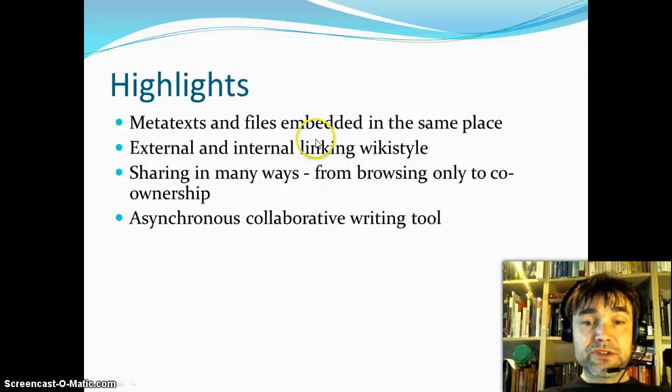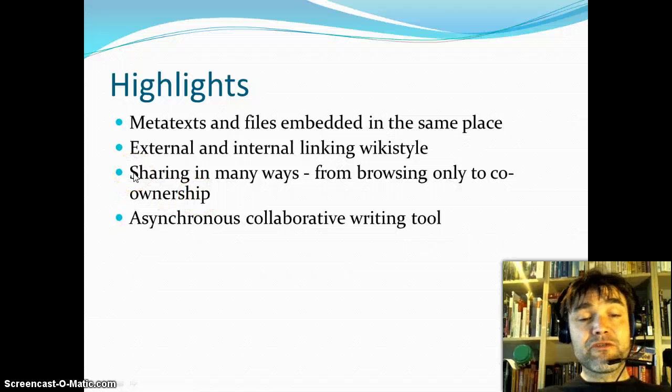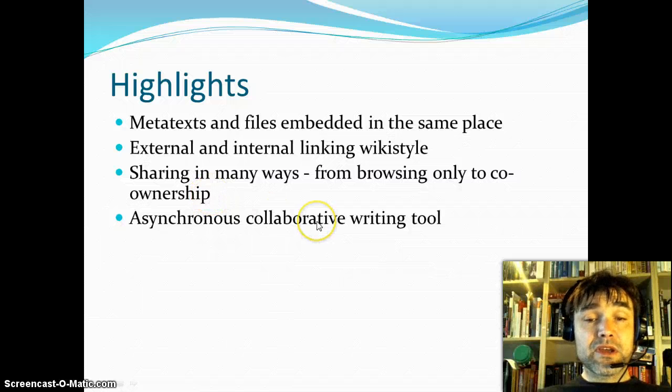It's an asynchronous collaborative writing tool, meaning you can't enter stuff in the note at the same time. It will make a note conflict, and you have to delete one of the notes if two people try to enter something in a note at the same time.